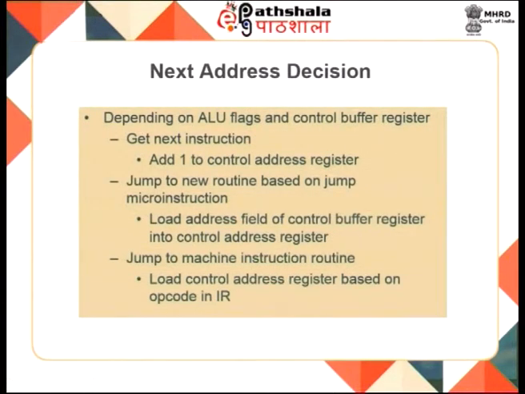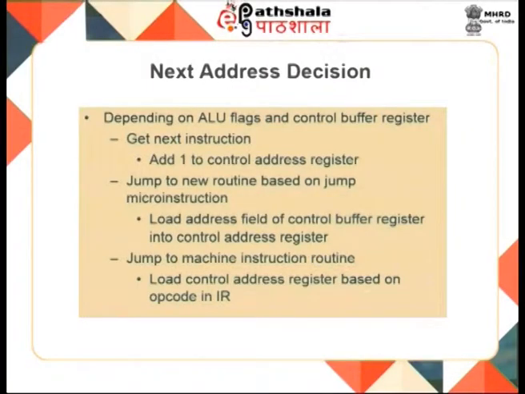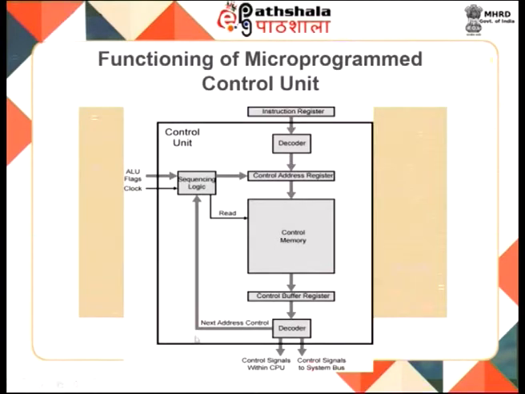Now, the next address decision may be dependent upon a jump instruction, or it may be just the next instruction. So, you just have to add 1 to the control address register, or, if it is a conditional jump instruction, do a jump operation based on certain conditions getting evaluated. So, this is the complete functioning of your microprogram control.